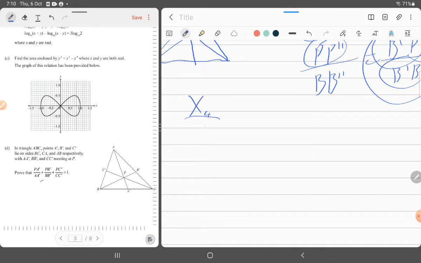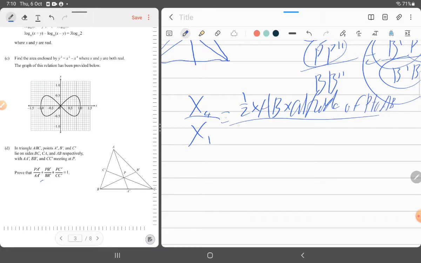So x4 over x1 is equal to half times AB times the altitude of P to AB, all over half times AB times the altitude of C to AB.